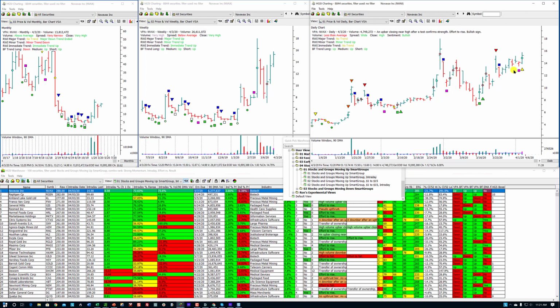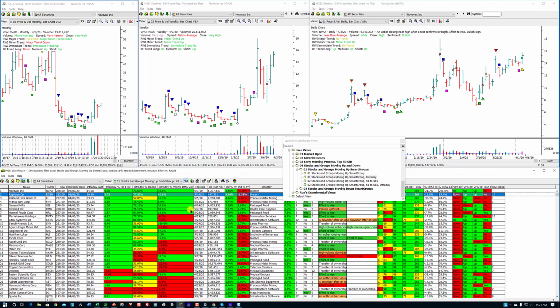There have been a lot of favorable VBA flags as this has moved up. Here's a reversal, but it was only a one-day reversal, and then there was an inside day, and the stock began to move again. Now, if you look down here, you can see yesterday that the industry group was up 3.66%, and there's another stock in here, Argin, which also is up for the day in this biotech group.